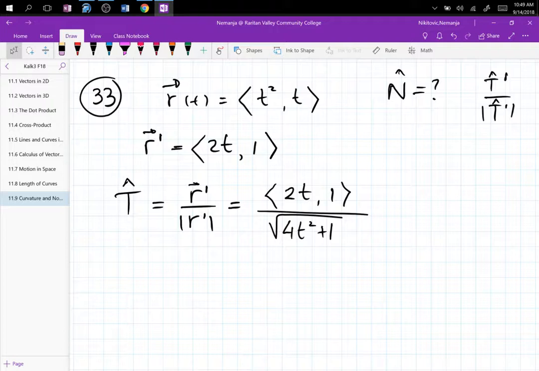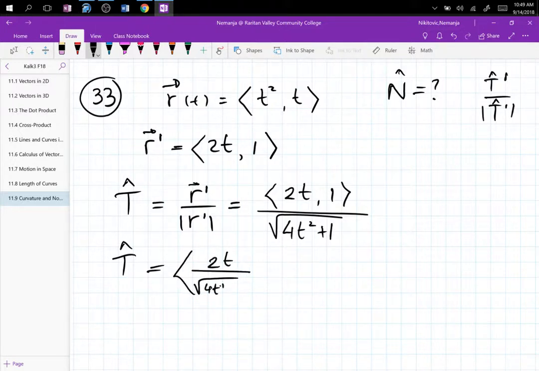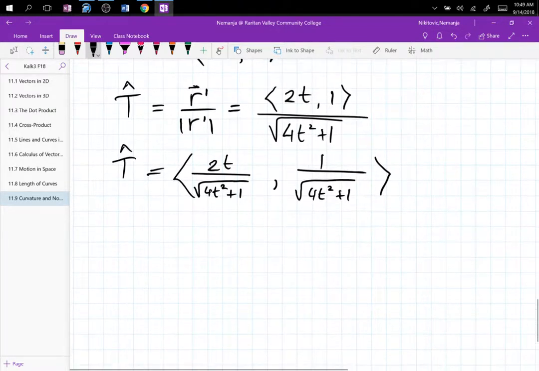I was saying, can we also just distribute the square root of 4t squared plus 1 on both sides? Yes, that's the next step. Very good. So now it's 2t over the square root of 4t squared plus 1, comma, 1 over the square root of 4t squared plus 1. Beautiful.